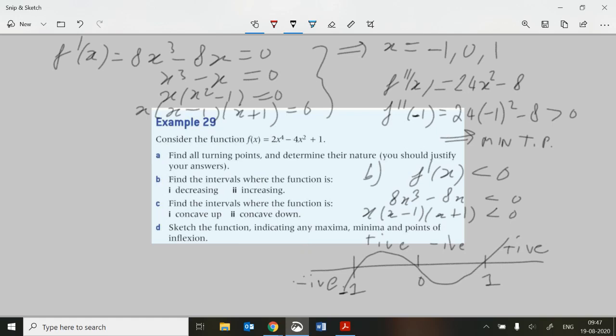I don't think I missed the minus out there. Maybe you put in minus 2. You put in minus 2 into this, and you realize you get a negative answer. Therefore, up until minus 1, so when x is less than minus 1, we can see that we have a decreasing function. And we have a decreasing function in between here and here as well.